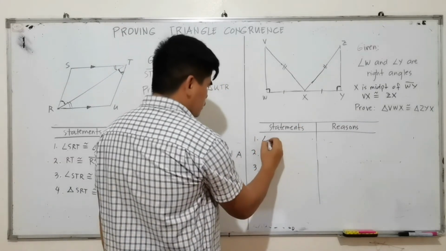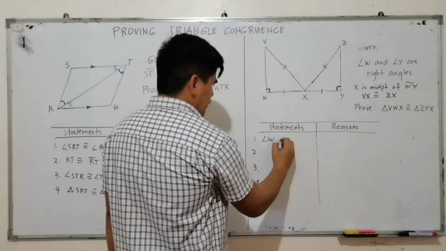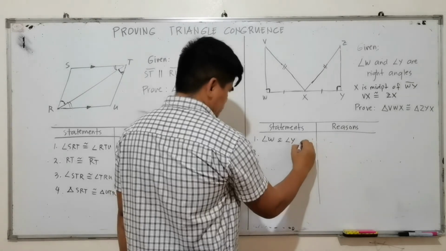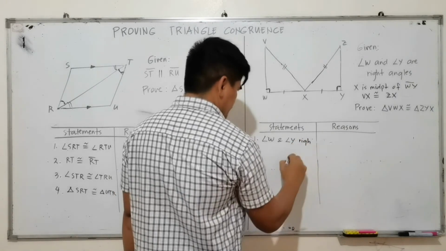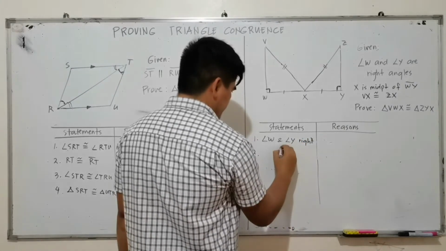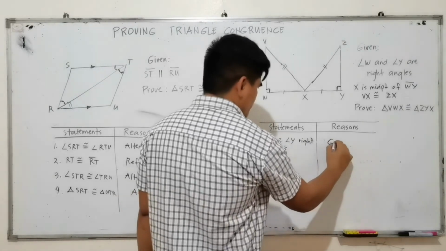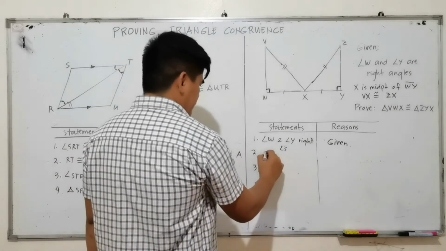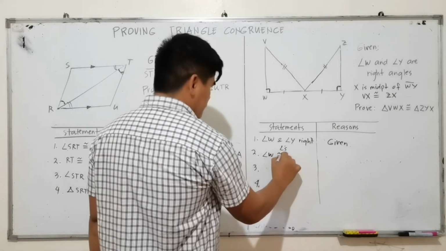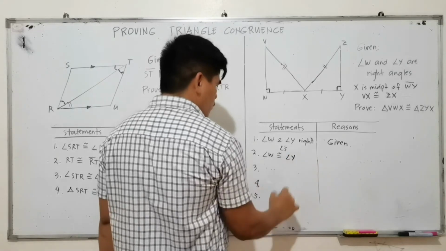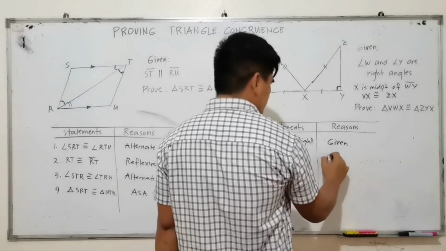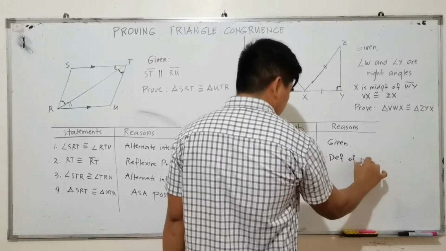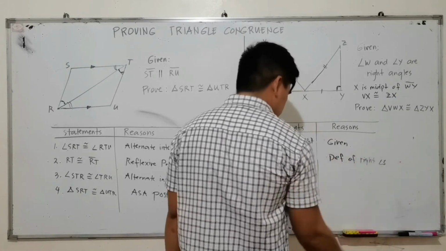First, we're going to write the given. Angle W and angle Y are right angles. The reason is given. Okay? So, we'll write again, angle W is congruent with angle Y. The reason is definition of right angles.